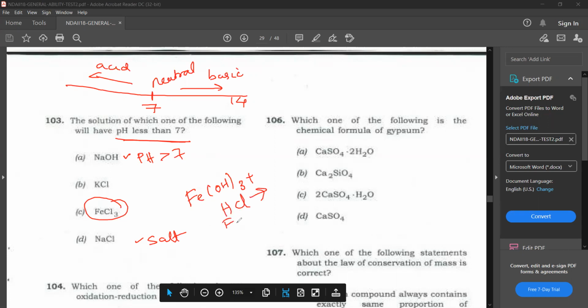So we'll get FeCl3, which is acidic in nature because we are treating with strong acid. So the correct answer is FeCl3, because it is obtained by treating a weak base with a strong acid. Acid pH is less than 7. So the answer is FeCl3.